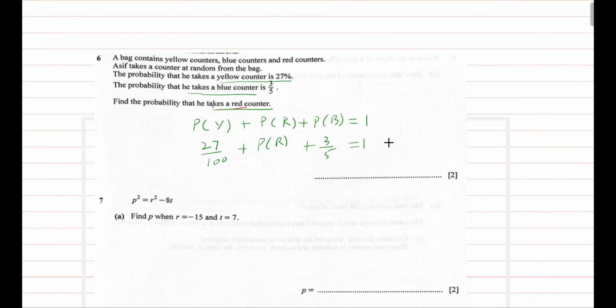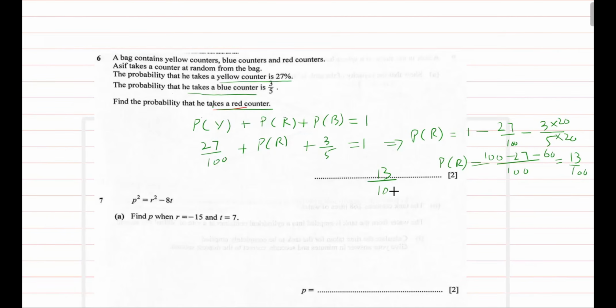So P of R equals 1 minus 27/100 minus 3/5. To make the denominator the same, we will multiply by 20, and this is 60. Therefore, this is 100 minus 87, which is 13/100, and the probability of red counter would be 13/100.